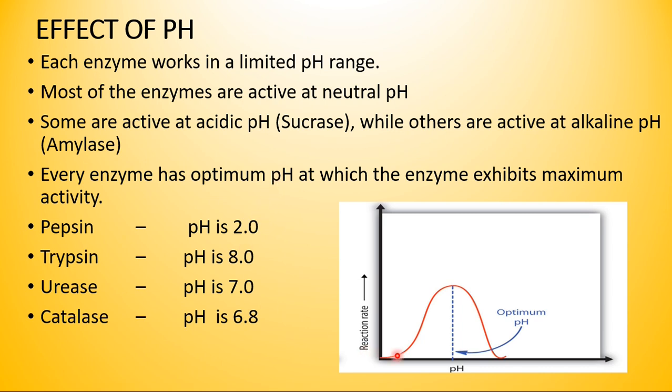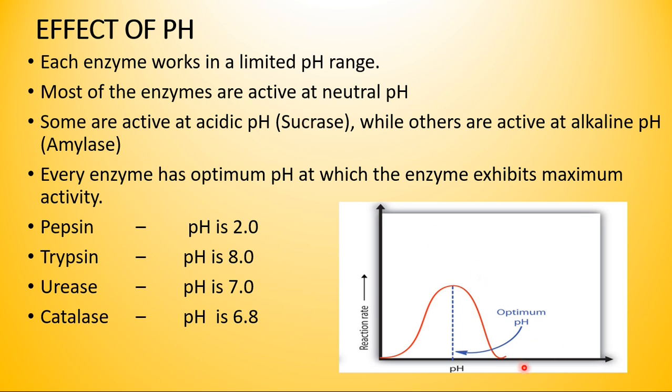Every enzyme has its own pH range, and knowing the pH and temperature is very essential for industrial purposes, for the production of some compounds or substances. Here sucrase and amylases each have their own pH range.